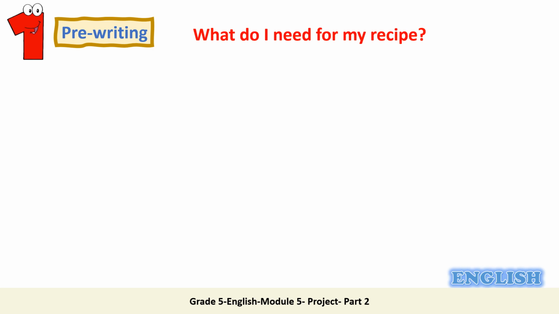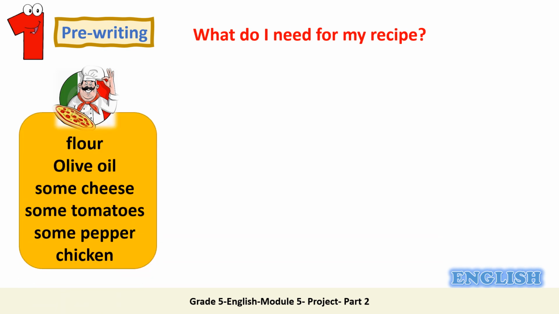For example, if your recipe is a pizza recipe, you will need flour, olive oil, some cheese, some tomatoes, some pepper, and chicken to make the pizza.